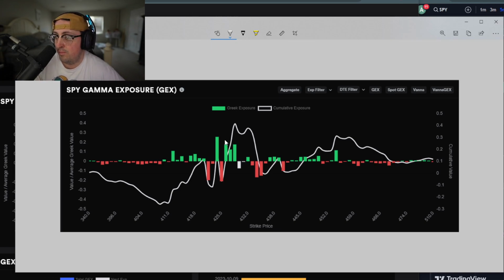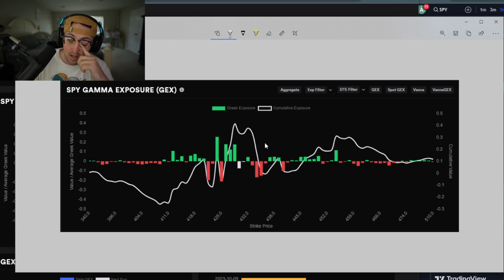You can see here that there are green bars and red bars. The red bars indicate negative gamma, and the green bars indicate positive gamma. When there's positive gamma, the price of the underlying, or the share price, tends to reject or find support off those levels, and the negative levels are levels that price needs to move towards because the dealers have to hedge towards that position, if that makes sense.